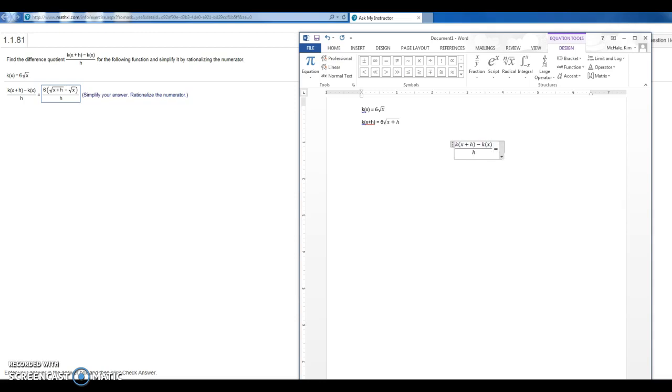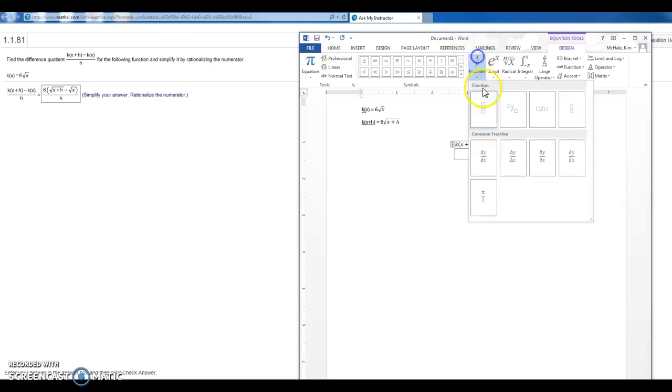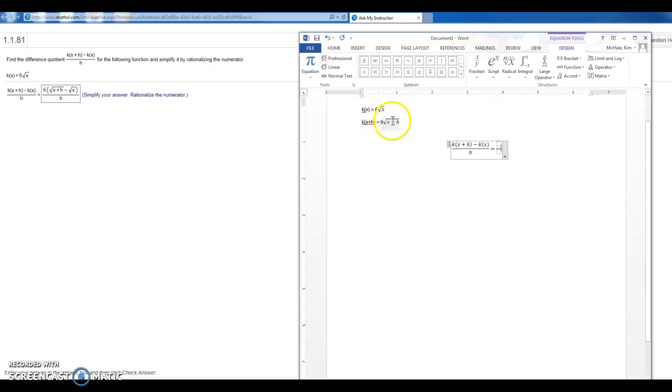And I'm going to say that's equal to, and I'm going to put these values in. I'm going to put this value in for k of x plus h, and this value in for k of x, and I'm going to get 6 times the square root of x plus h, minus 6 square root of x, and all of that is over h.